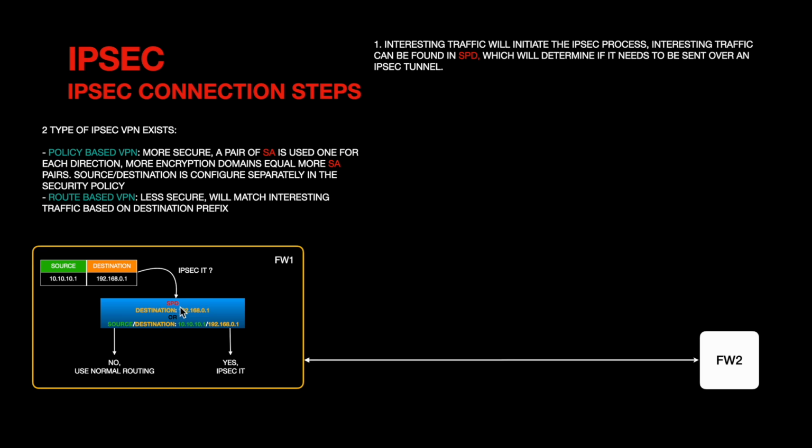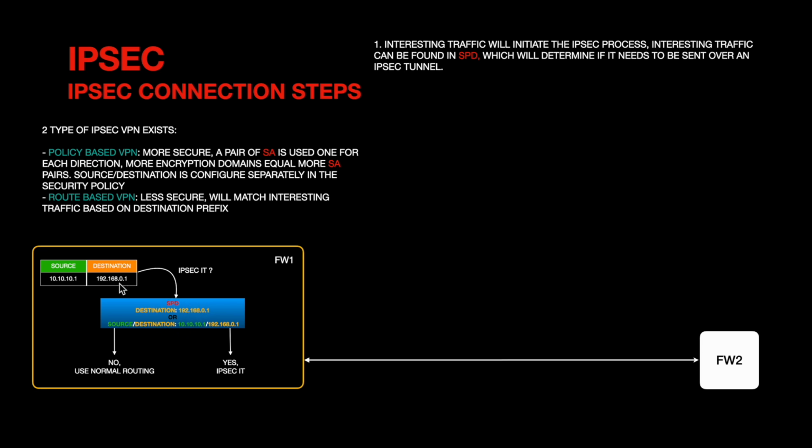you will have the SPD database, and for route-based VPN, you will have only to examine the destination IP address of the packet. And for the policy-based VPN, the firewall will inspect the source and destination IP address of the packet. Because if you have a route-based VPN, basically you have a static route which is telling the firewall which traffic should go over the IPsec tunnel.